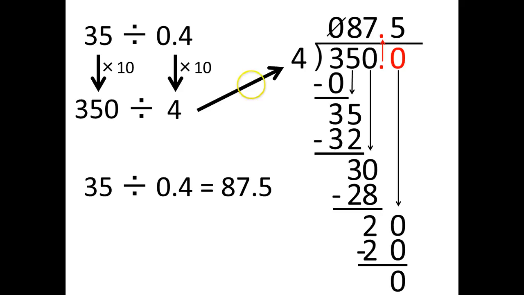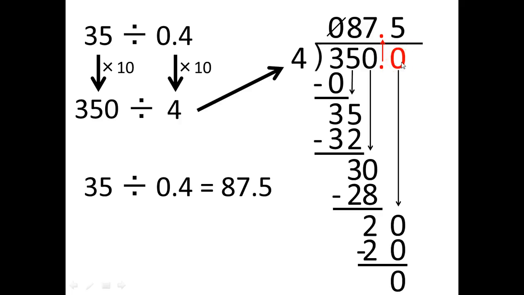Okay, and if you ever come across a situation where you're trying to continue a long division process, but you're out of numbers in the dividend, you can always extend the dividend by adding 0.0, and you can write as many zeros as you want.